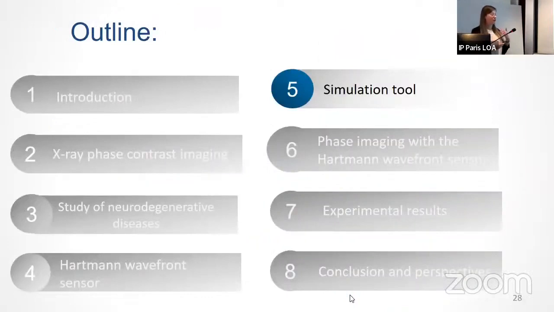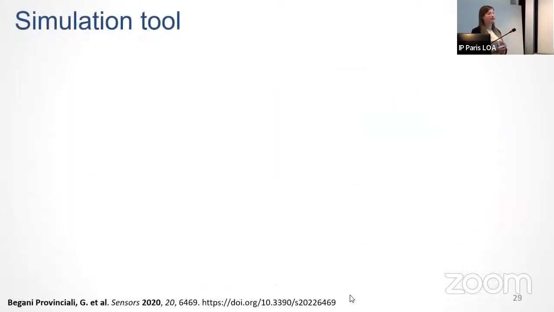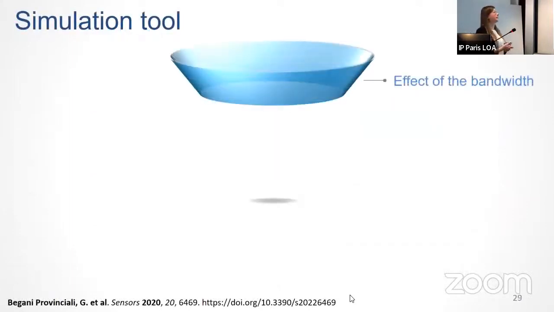To better understand the parameters and how to optimize the Hartmann wavefront sensor for phase imaging, we implemented a simulation tool. There are several open questions that we want to address in this kind of system. The first one is, what is the effect of the bandwidth in our system?